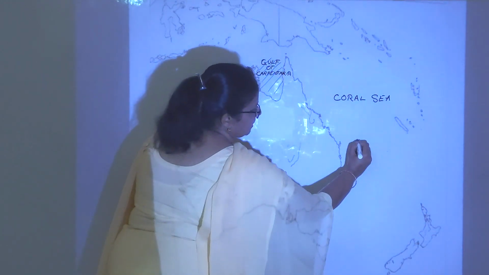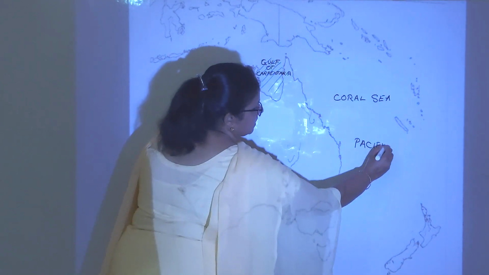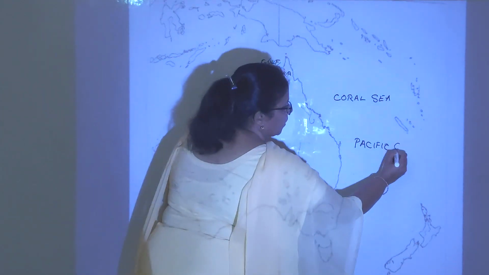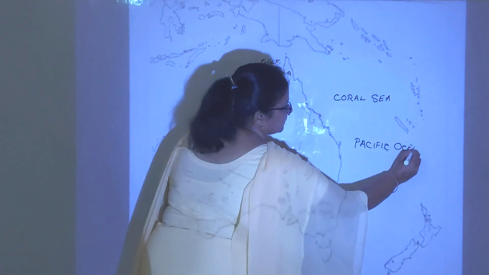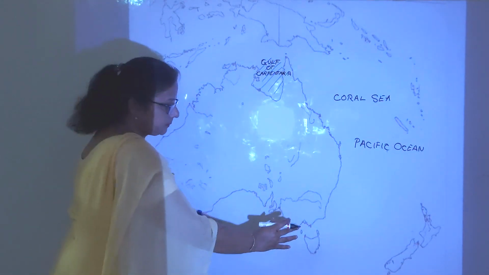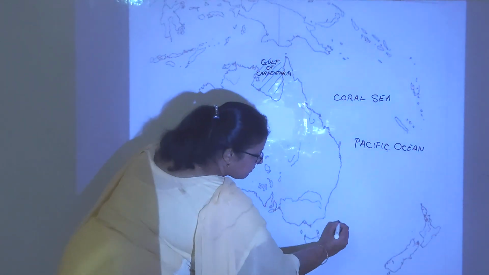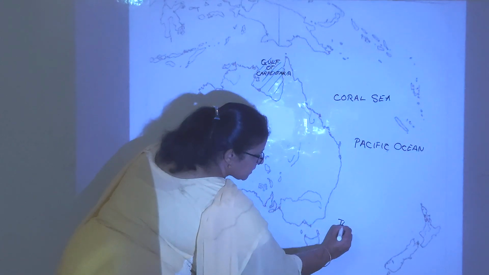This entire region is occupied by the mighty Pacific Ocean. Further south, between Australia and New Zealand, we have the Tasman Sea.